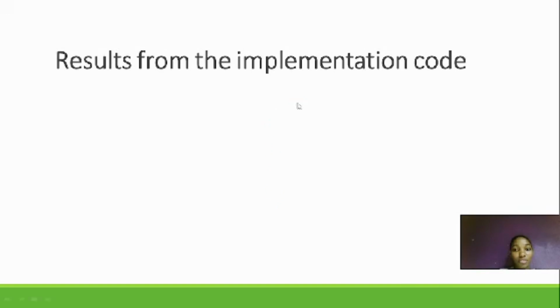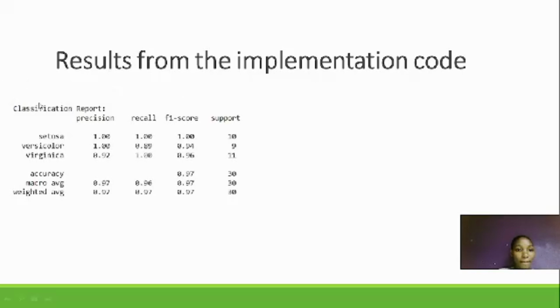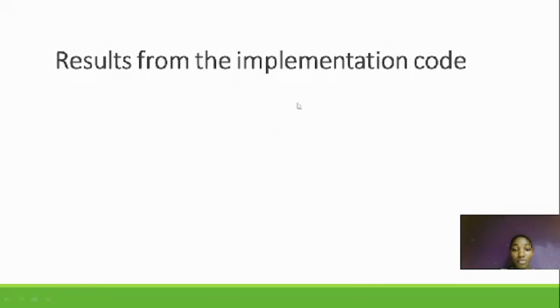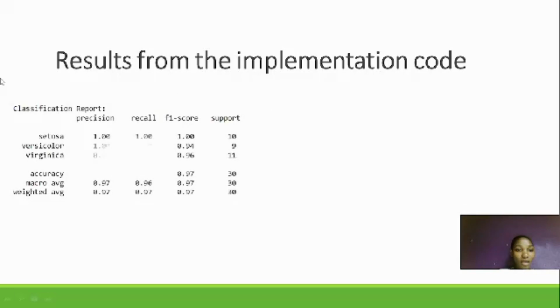So these are the results from the implemented code. The classification report shows the 3 flowers, or the classes, and the precision, the recall, the F1 score, and the support.